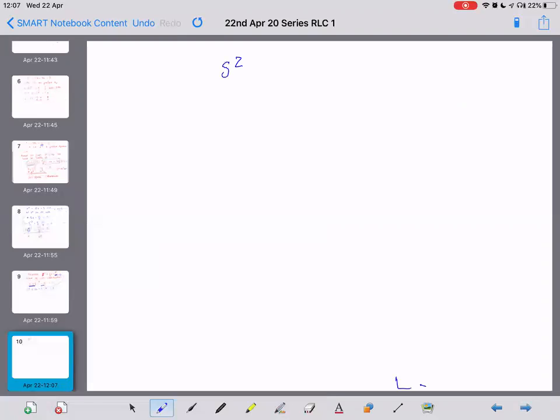If we had s squared plus 2as plus b equal to 0, our perfect square bit would be s plus a, since we have to half that 2 in front.